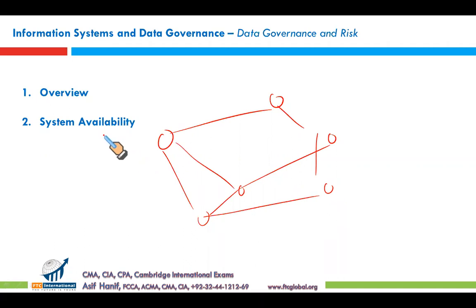So system availability means our system should be available when we need it. We need it now, it should be available now. We need it in the future, it should be available in the future. So we have to have it when we need it. That is system availability. So there should be some safeguards against environmental hazards, some arrangements for power interruptions, or any intrusions against our information systems.